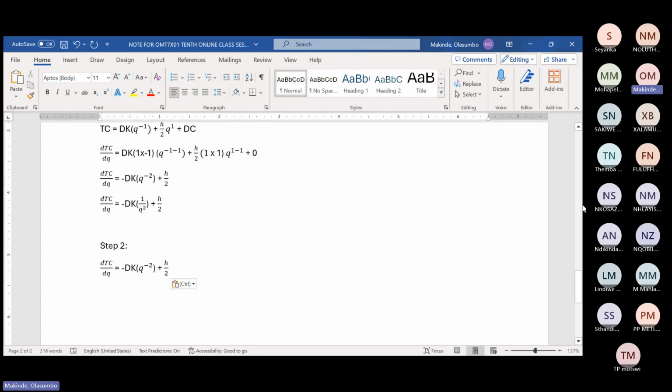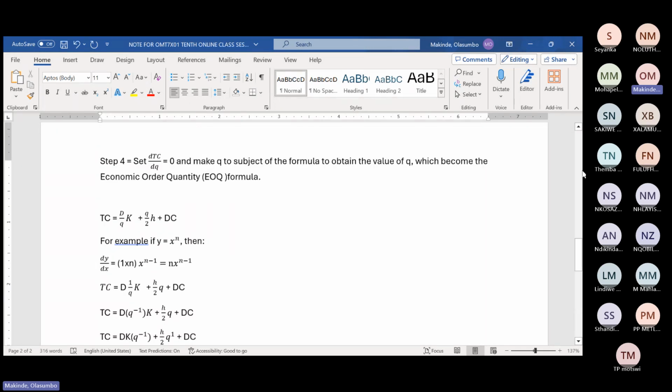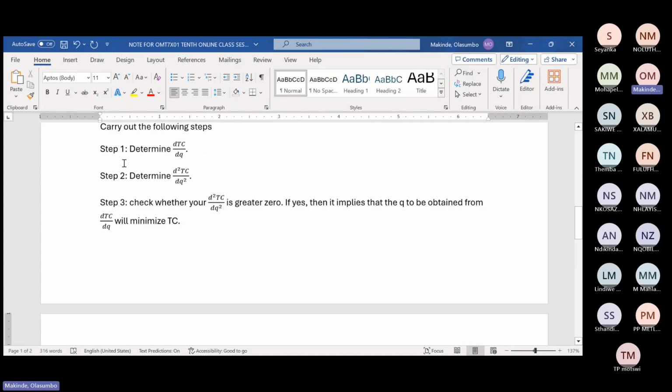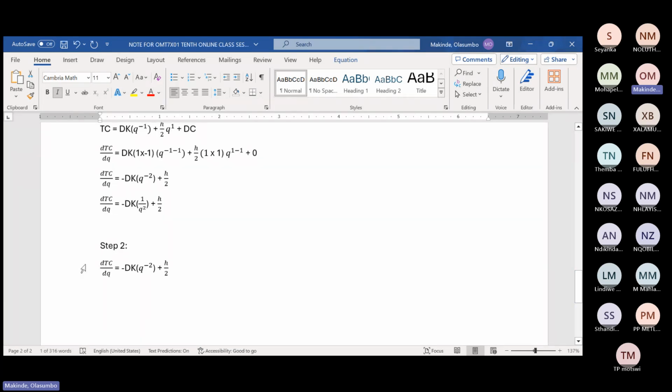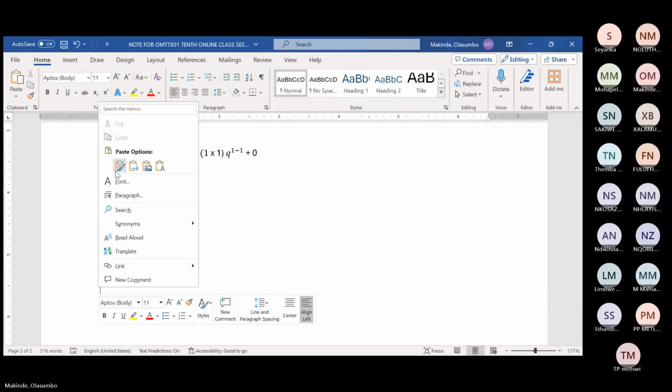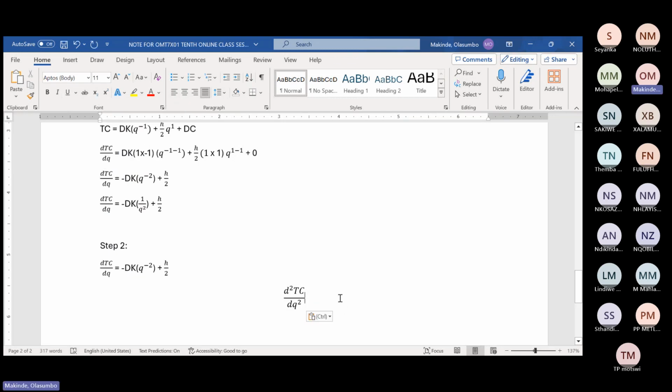Then I want to differentiate from here a second time, which is the second differentiation. That's why you are seeing it as d squared TC over dQ squared. So now we want to differentiate this, the dTC/dQ, for the second time. If I differentiate this mathematically, it's very easy.